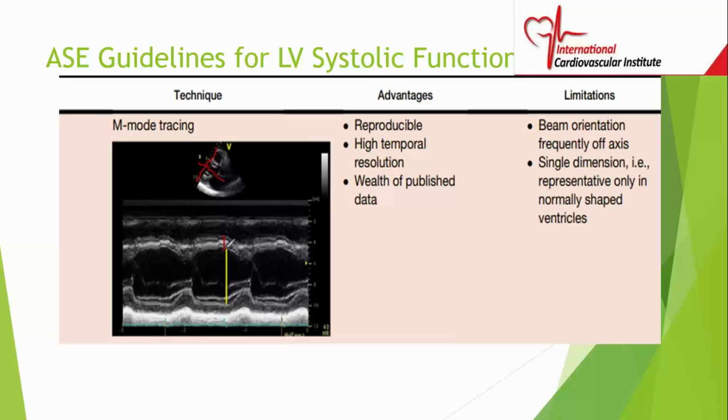You come down, you make a perpendicular, you come straight down. So this is the LV cavity size in diastole, and then the posterior wall from right there down to the bottom right there, at the onset of the QRS. So you get your diastolic measurement and the posterior wall.